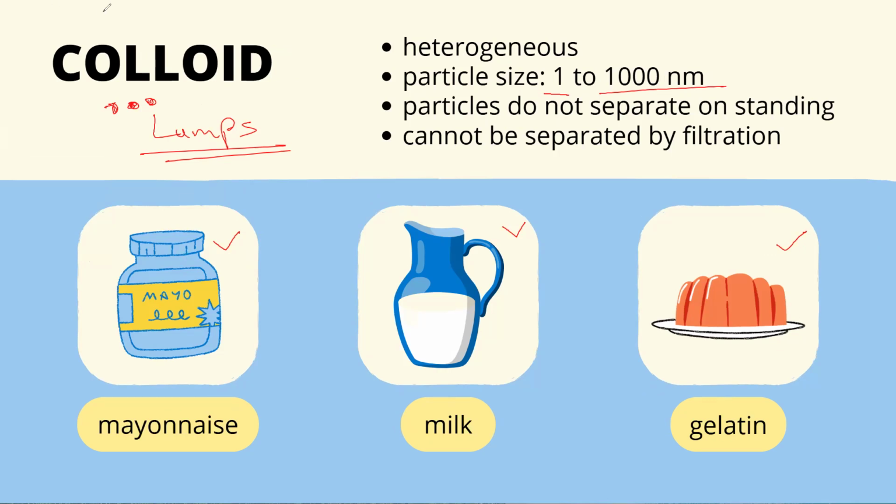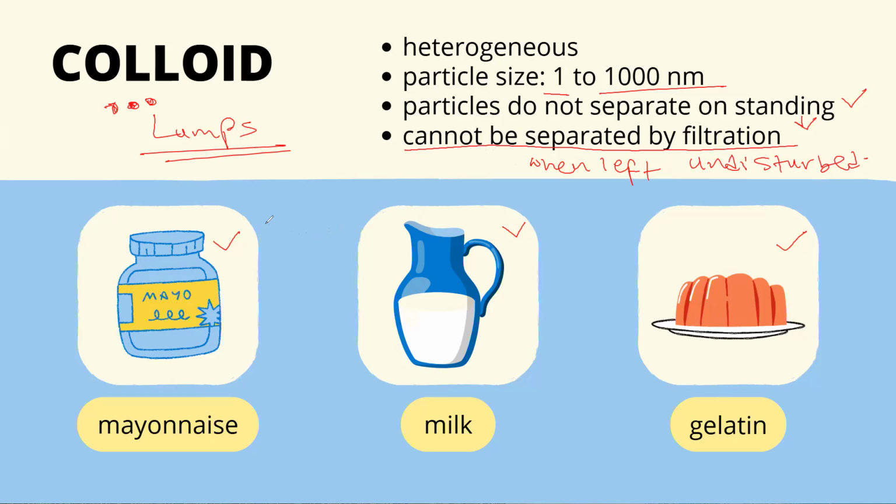And then the third characteristic is that the particles do not separate on standing. I think I need to add something to this. Standing here simply means when left undisturbed. Are you with me? Yes, sir. Good. And then finally, it cannot be separated by filtration.